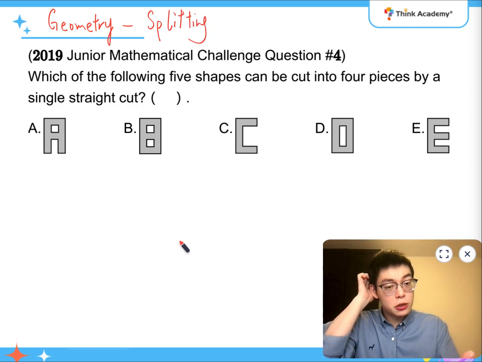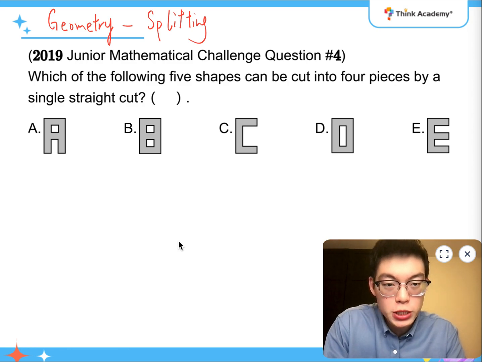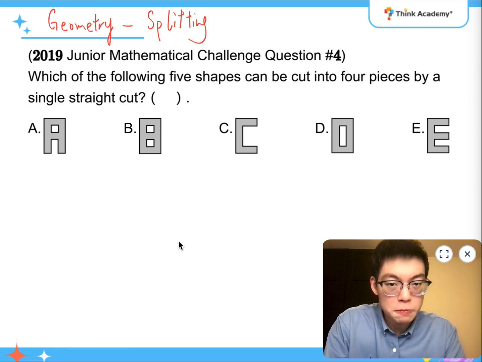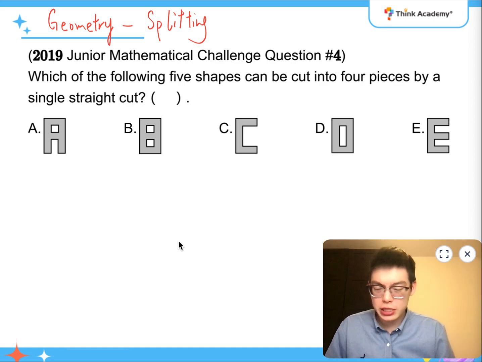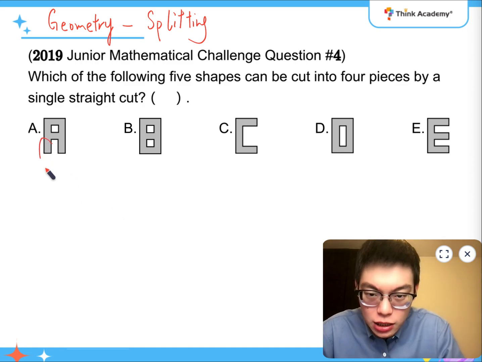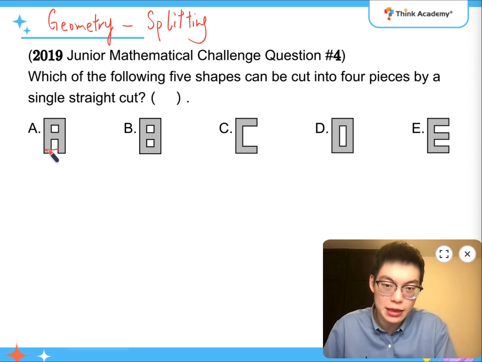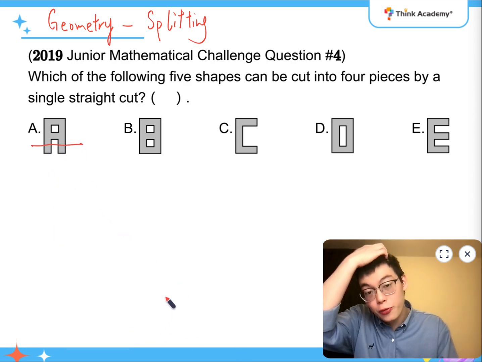Well, basically it's also a little bit related to spatial recognition, but how we are able to get the most number of cuts, basically, it's by removing as many loose ends as we can, right? For example, you can see that A has got 2 loose ends popping out without connecting together, yeah? So we can do a cut right there to cut it into 3 pieces.